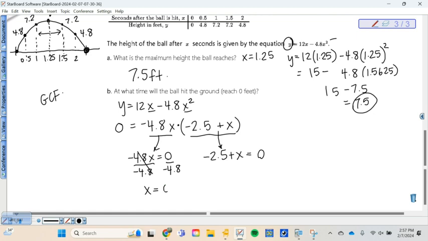So x is 0. That's this point right here, when the time was 0 before he hit the ball, it was at 0 feet. But then also here, if I add 2.5 to both sides, I find out that x equals 2.5, and that's this point right here. So after 2.5 seconds, the ball has dropped back down to the ground.